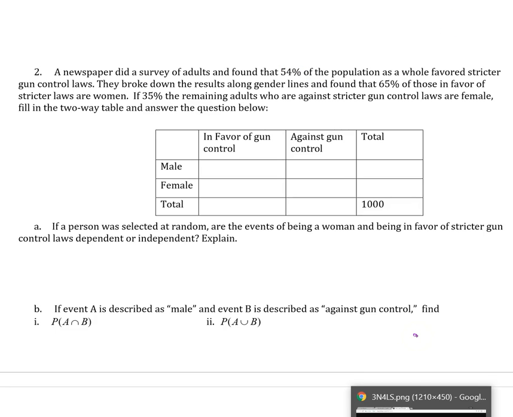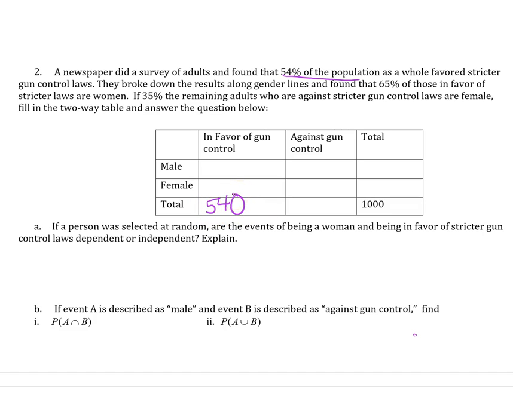All right, so here's question 2 on the packet. A newspaper did a survey of adults and found that 54% of the population as a whole favored stricter gun laws. Okay, so 54% of a hypothetical 1,000 is in favor of stricter gun laws, so 540.